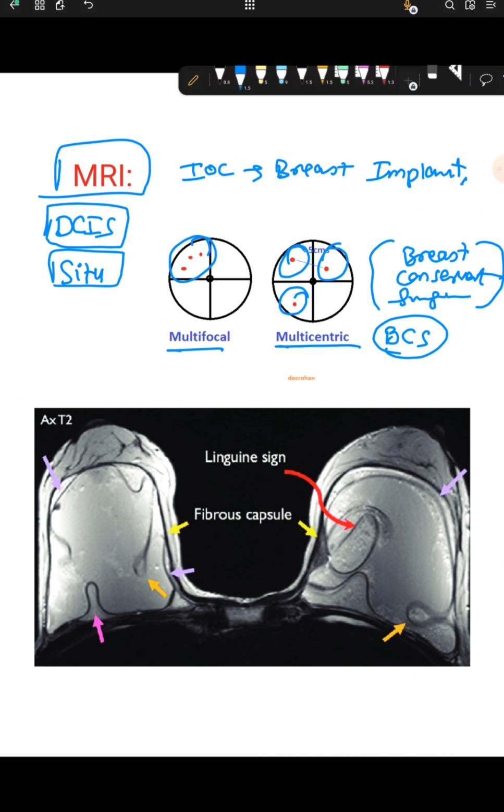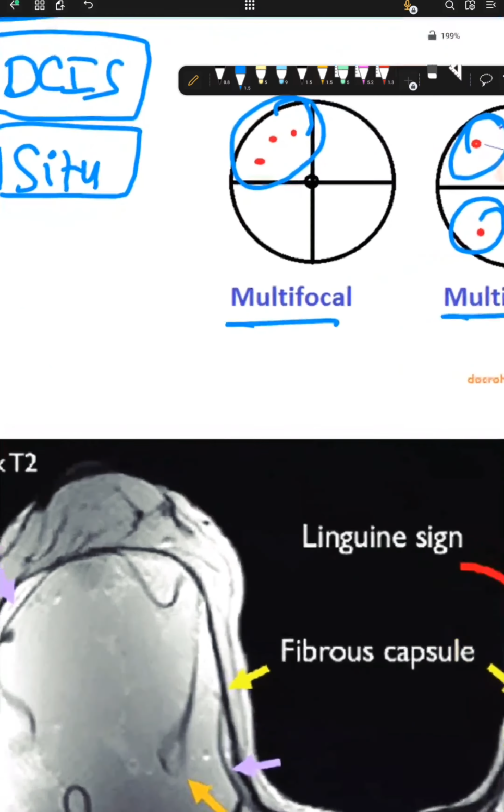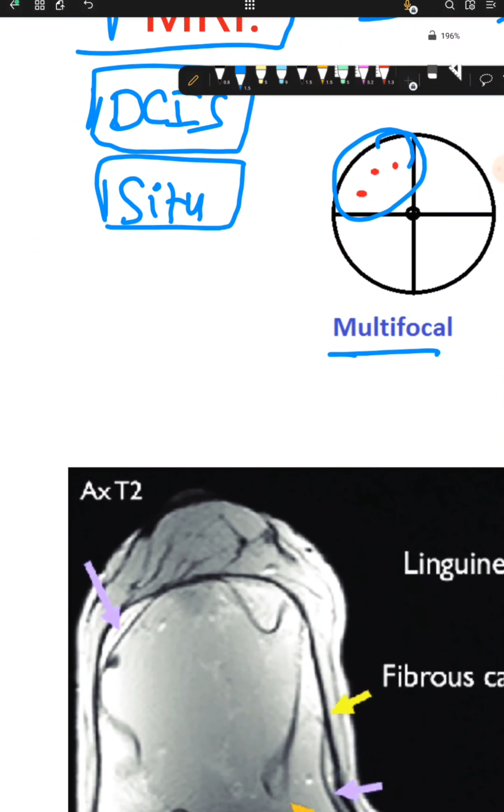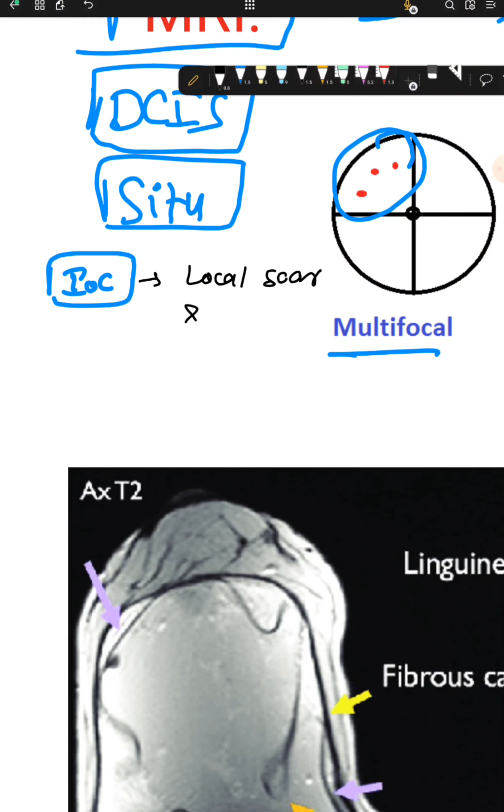Two things you should know. If it is asked in which phase MRI is the investigation of choice, it is the investigation of choice to identify the local scar and recurrence.